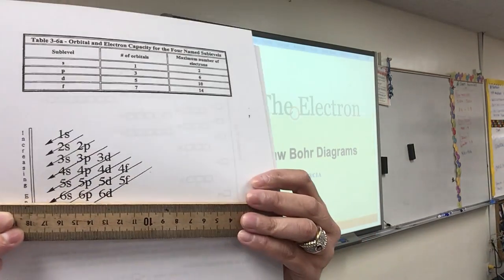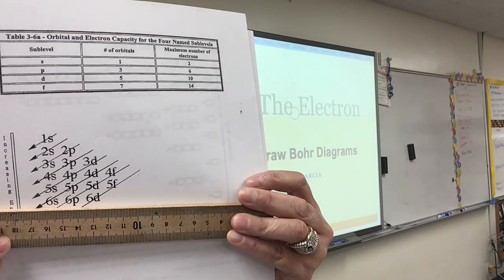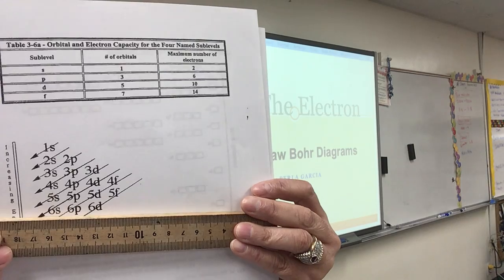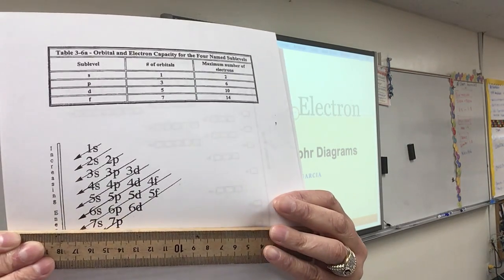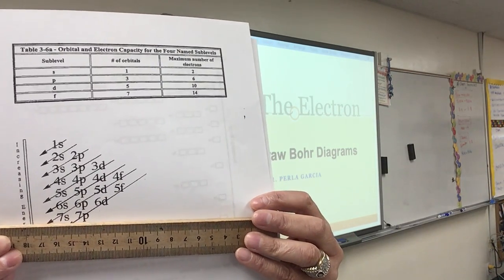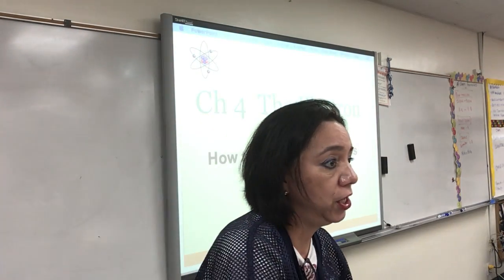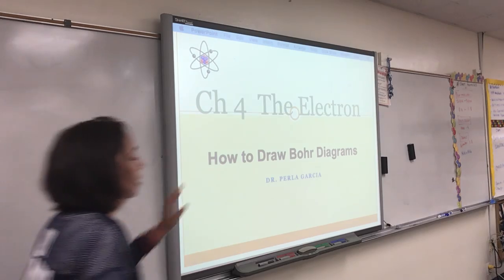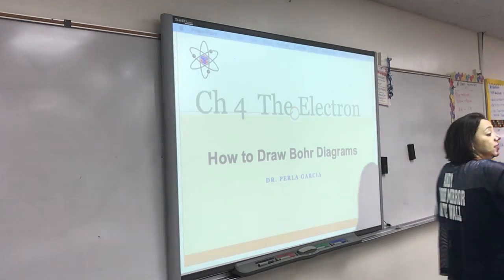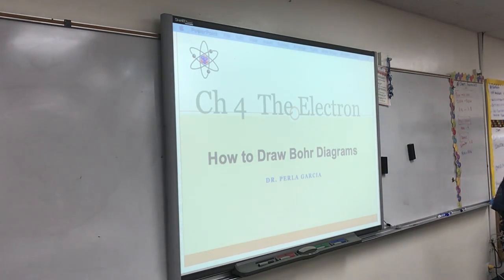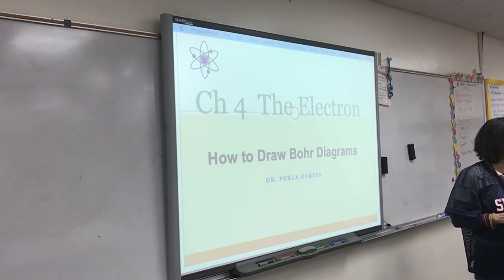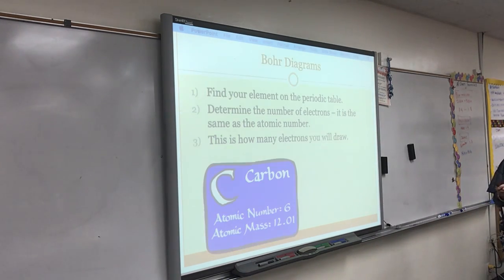And the sixth energy level? 18. Do you understand what I'm saying, guys? Please ask right now. And the seventh energy level? 8. Yes? Up to here? Are we good? Okay. Energy levels. So we're going to be drawing the total number of electrons, and we're going to put them in different energy levels. Here we go. Let's start.